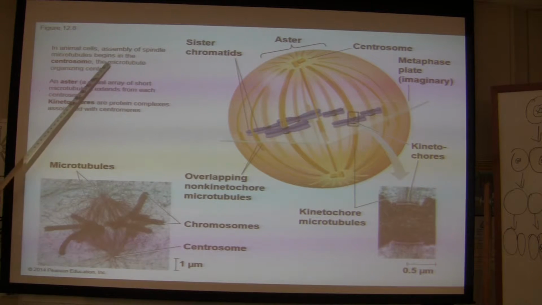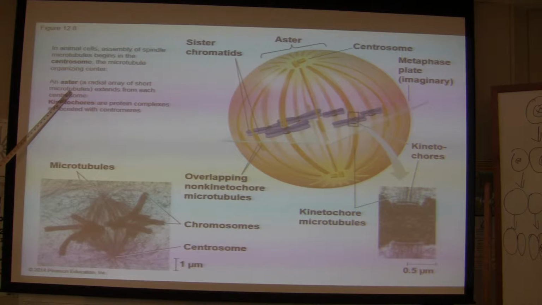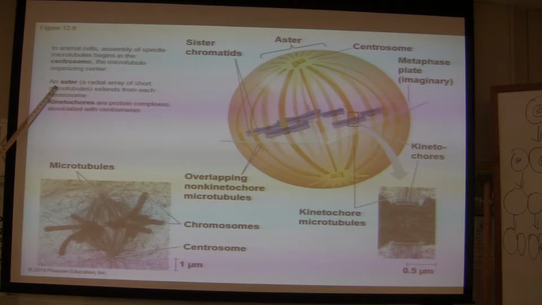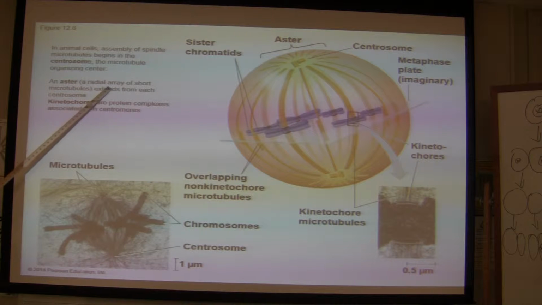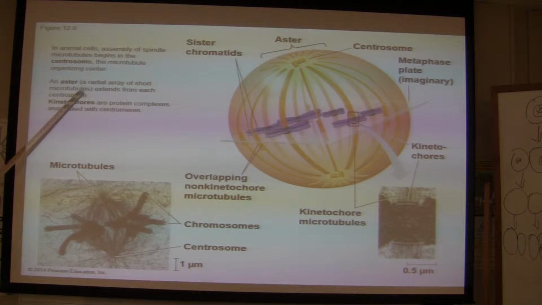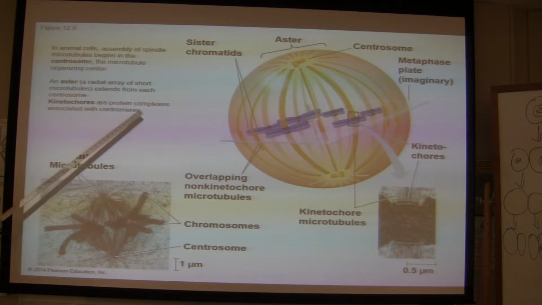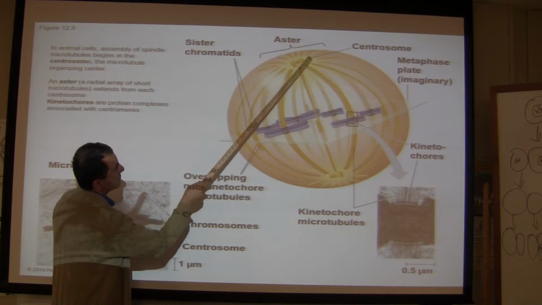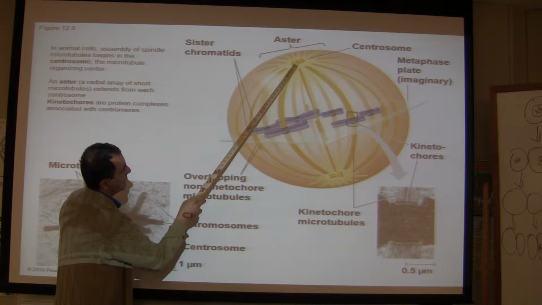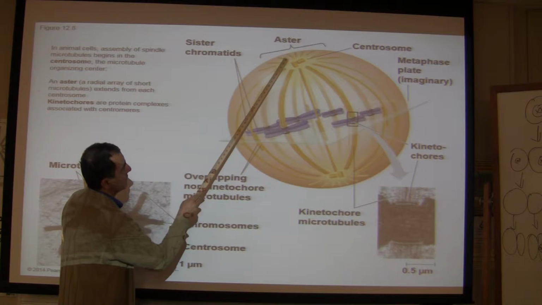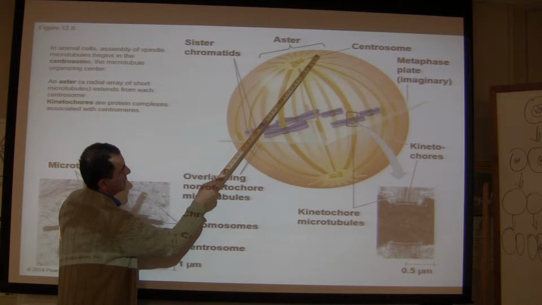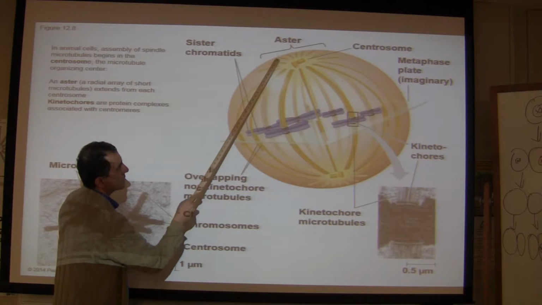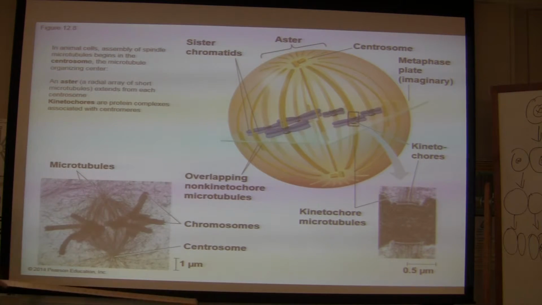An aster, I said I will give you the definition later on, is a radial array of short microtubules that extends from each centrosome. These little microtubules extending from the centrosome are called asters, by definition.